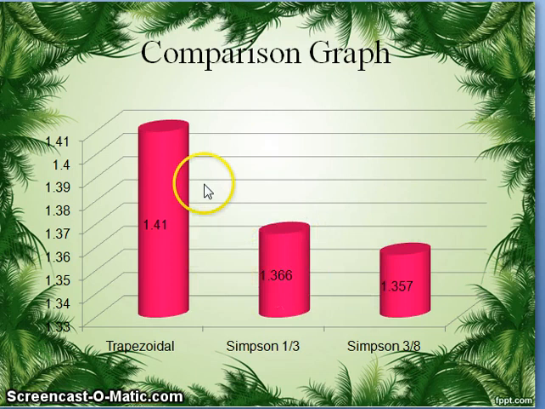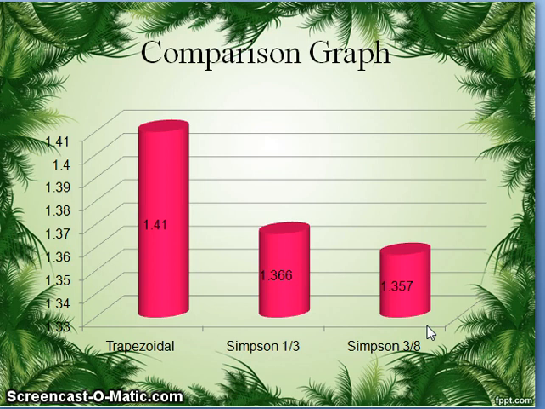So in any problem, if you want to get the accurate result, you can just concentrate on the Simpson's 1/3 rule, because when we go for the trapezoidal rule, you will get the highest value, and for Simpson's 3/8 rule, you will get the very least value.